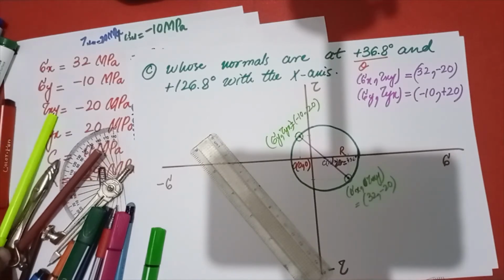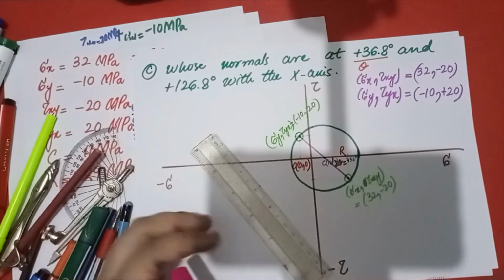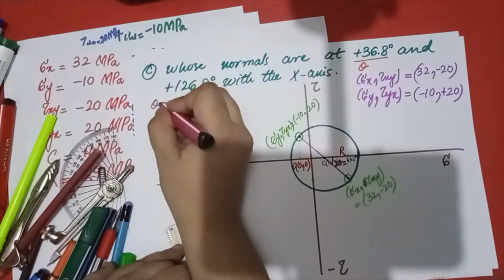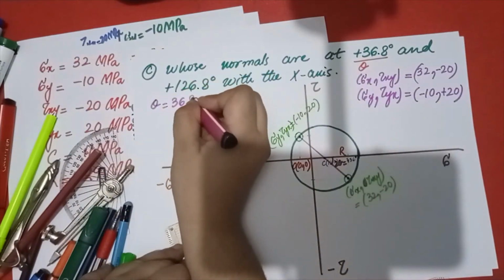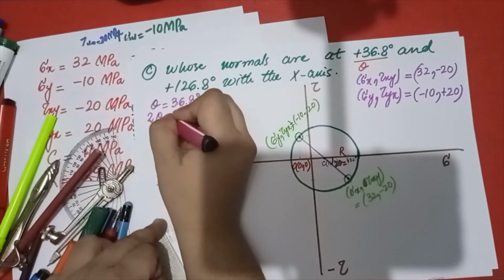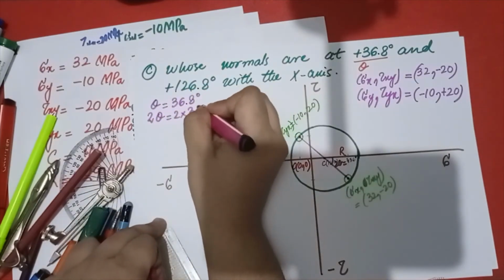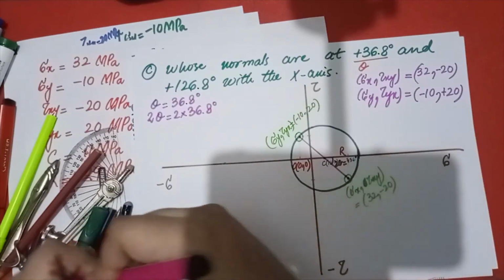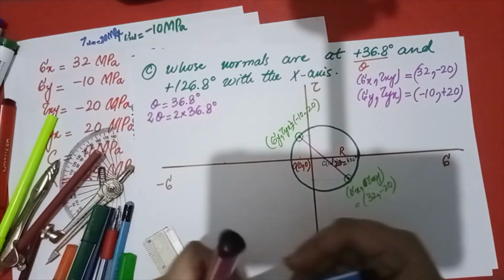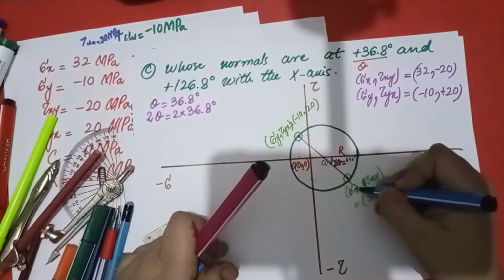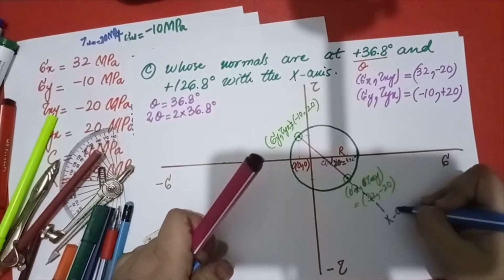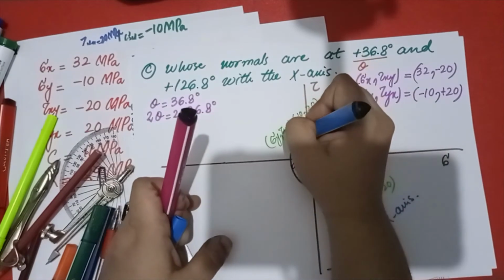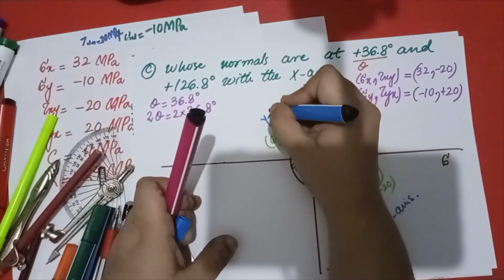So what does that mean? Theta is given to us, that is 36.8 degree, so I have to take 2 theta, which will be 2 into 36.8 degree. I have already told you, let me take this: this is your x-axis and this is your y-axis.